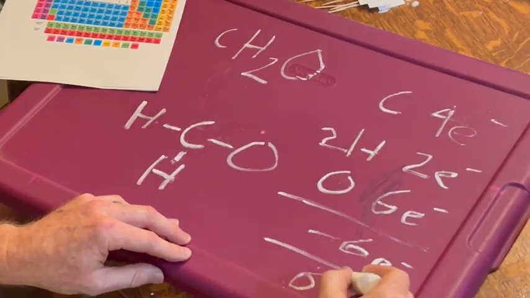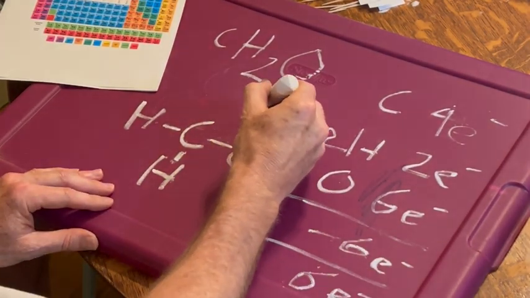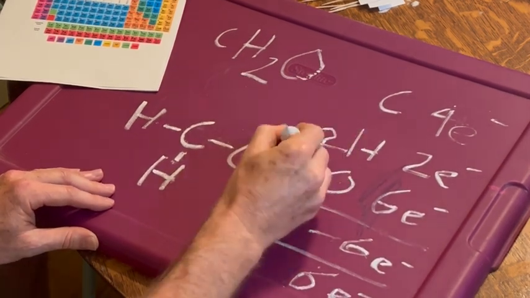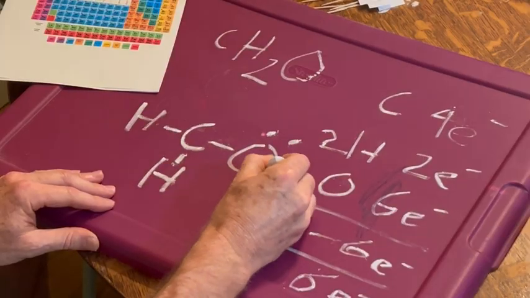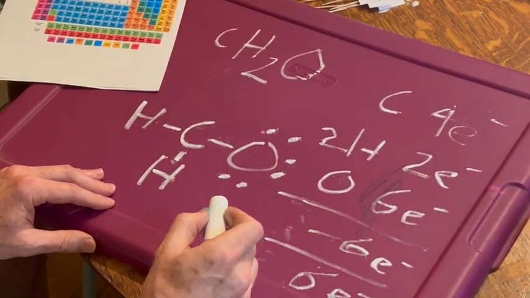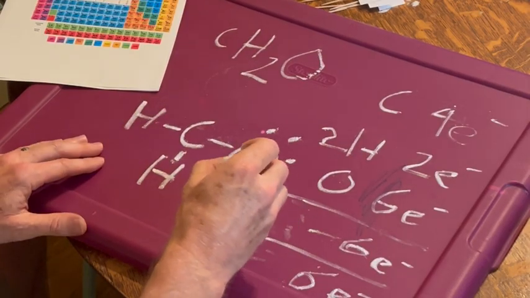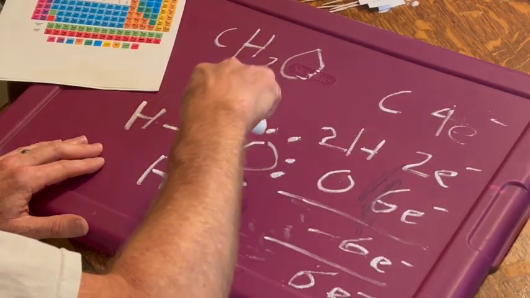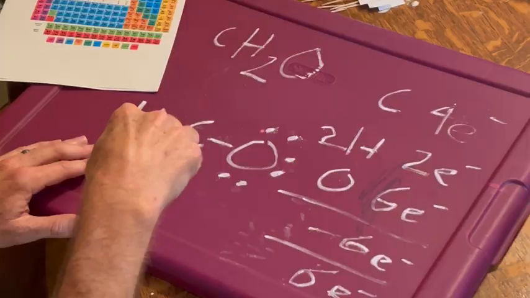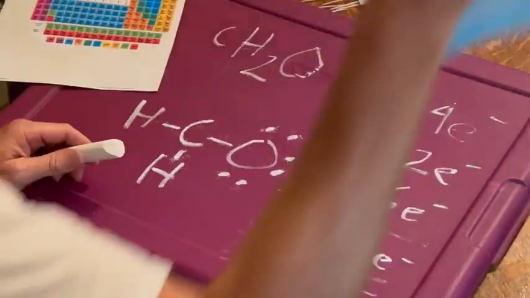So we have 6 unbonded pairs of electrons, and we start by sticking them in the non-hydrogen outside atoms, and then we count if everybody has 8 in their valence shell who's not hydrogen. 2, 4, 6, 8, yes. 2, 4, 6, no. So carbon needs to have 2 more electrons.